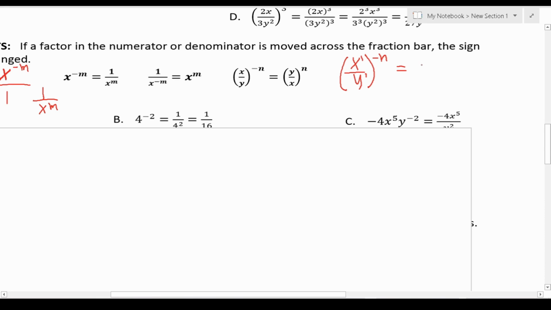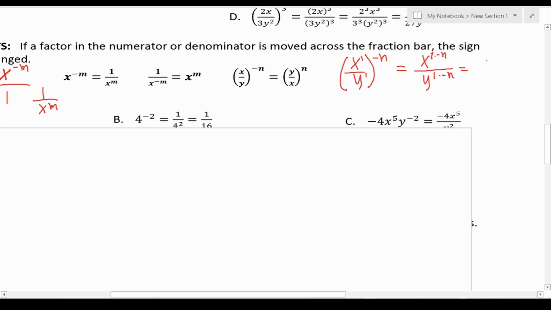Again, power rule says write your base first. This is x. Then we're going to multiply the exponent. So this is going to be 1 times negative n. And then write down the base, y. And then multiply the exponents, 1 times negative n.